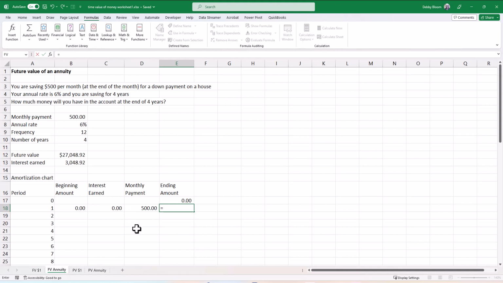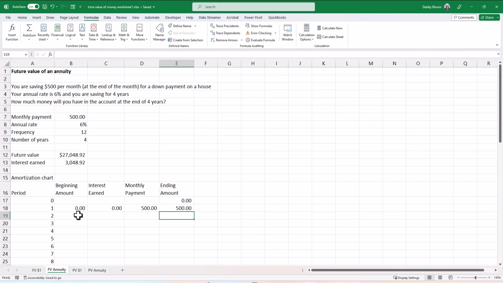I don't like to use the auto sum function though, because some students will include the period number with that. So you can either take the beginning amount, add the interest earned, and then add the monthly payment, or type out equals sum, open the parentheses, and make sure it's the beginning amount plus the interest earned plus the monthly payment.